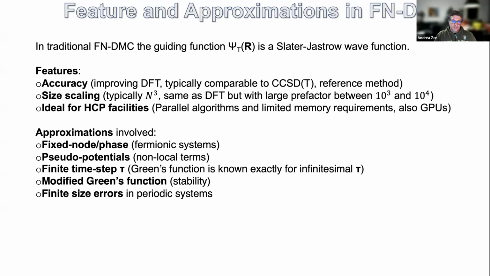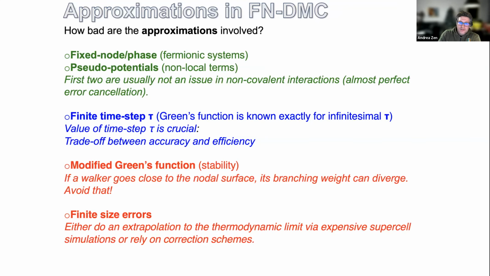The main approximations are the fixed node or fixed phase approximation, because we need to keep the system fermionic, the employment of pseudopotentials, finite time step, modification to the Green's function to enhance stability, and, in periodic systems, finite size errors.